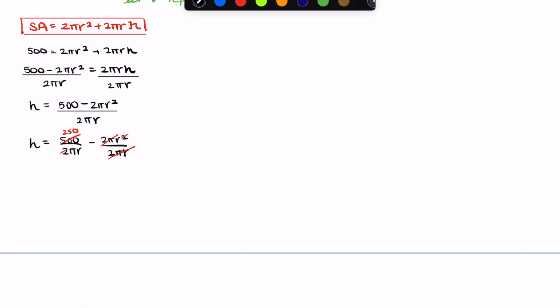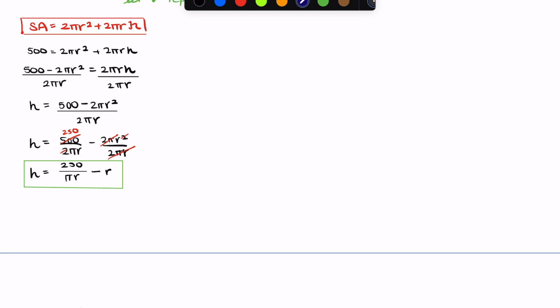And so here we get h is equal to 250 over pi r, minus r. So again, h is equal to 250 over pi r minus r.